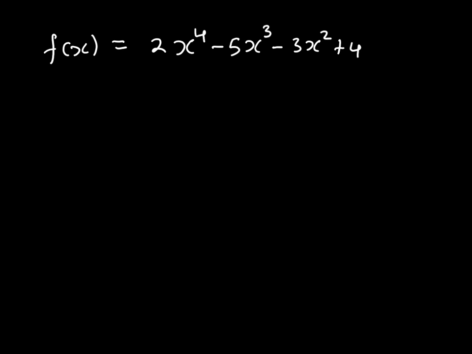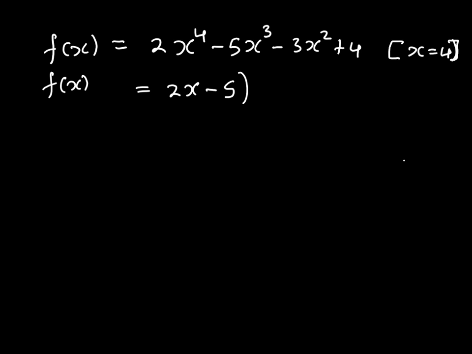Let's see. So we are picking f of x equals 2x to the power 4 minus 5x cubed minus 3x squared plus 4. And we want to evaluate this polynomial at x equals 4. Okay, what do we call nesting? Nesting is just trying to simplify your life. I look at this as 2x minus 5.